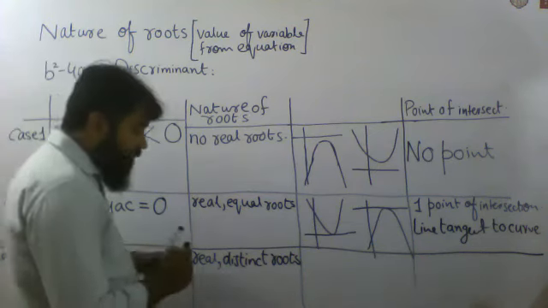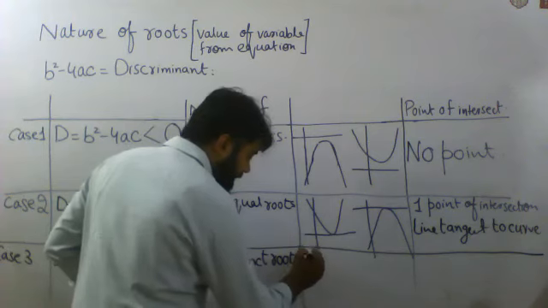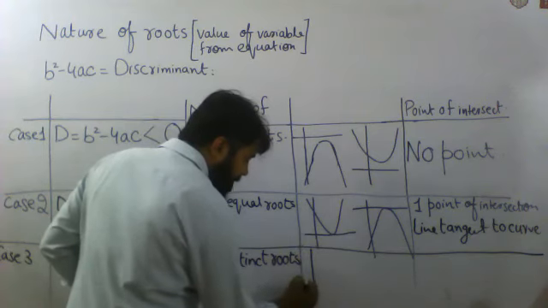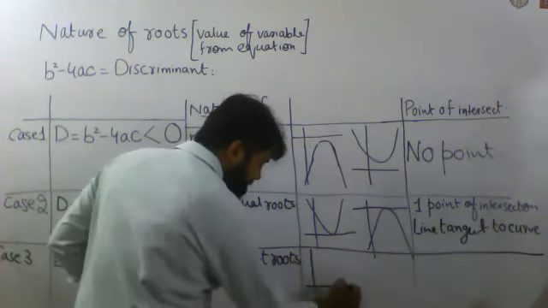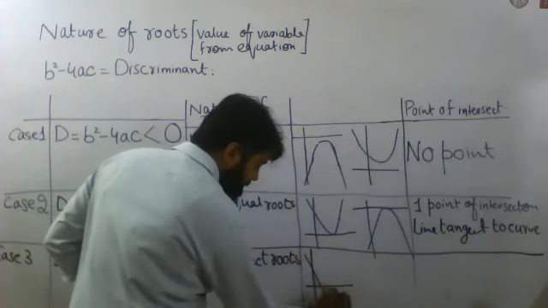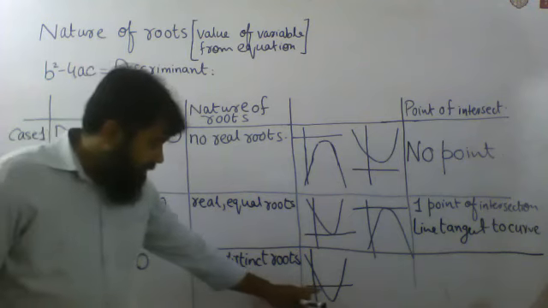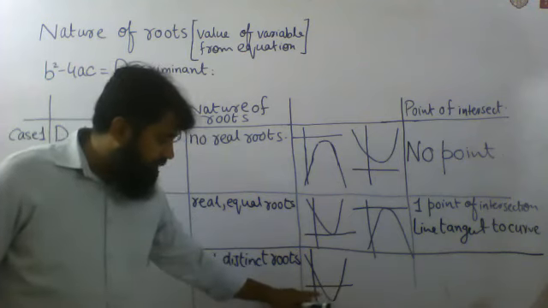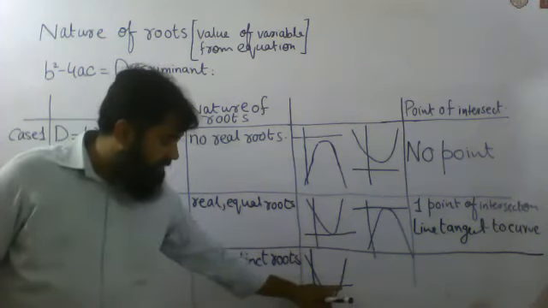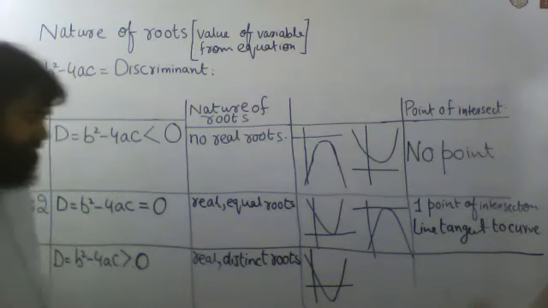When I draw my graph, what type of graph am I going to have? I will have this kind of graph, in which two distinct roots, two distinct values of x will be there.